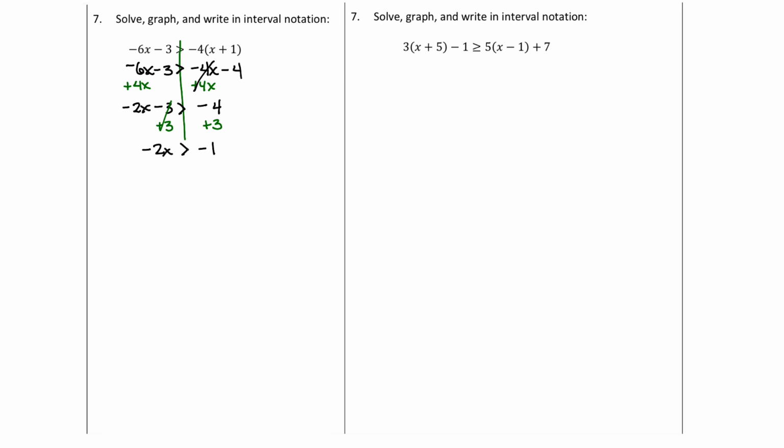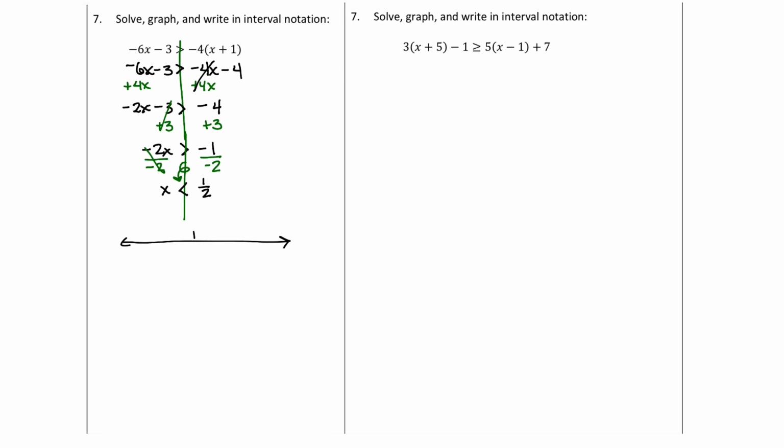Now on this line, I'm dividing by negative 2. Okay, so that is going to flip the inequality, right? So we flip it around. A negative divided by a negative is a positive. Okay, so flip it here. Fractions are fine.